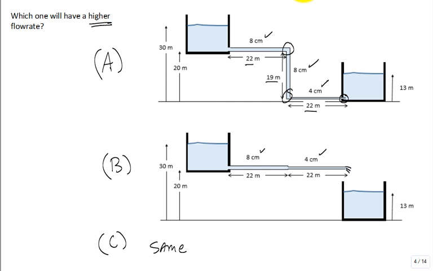This answer is not coming out of the book. This answer is coming out of your experience. I'm going to give you a little more time. There you go. Think about it. Look at all the numbers. Analyze it in your head. No time to really run numbers. Which one's going to give you the higher flow rate?